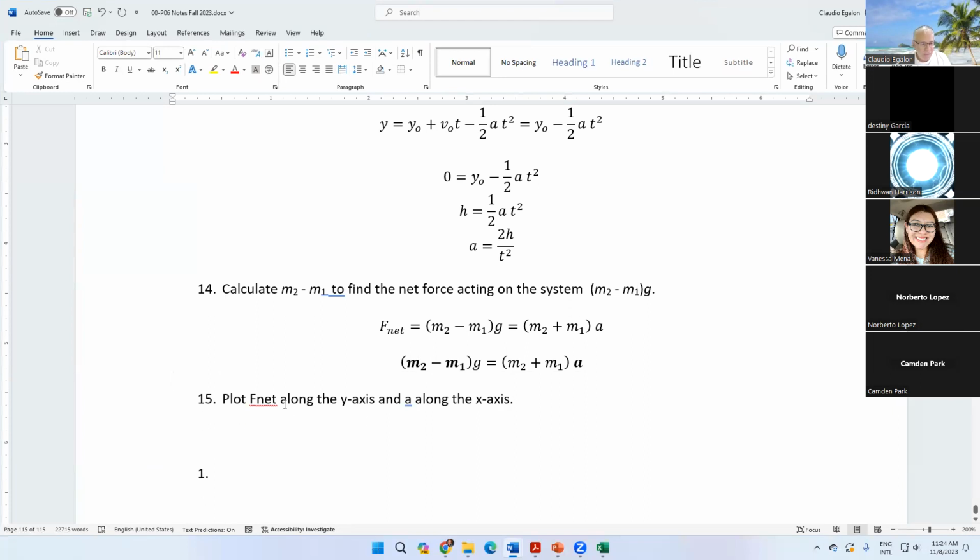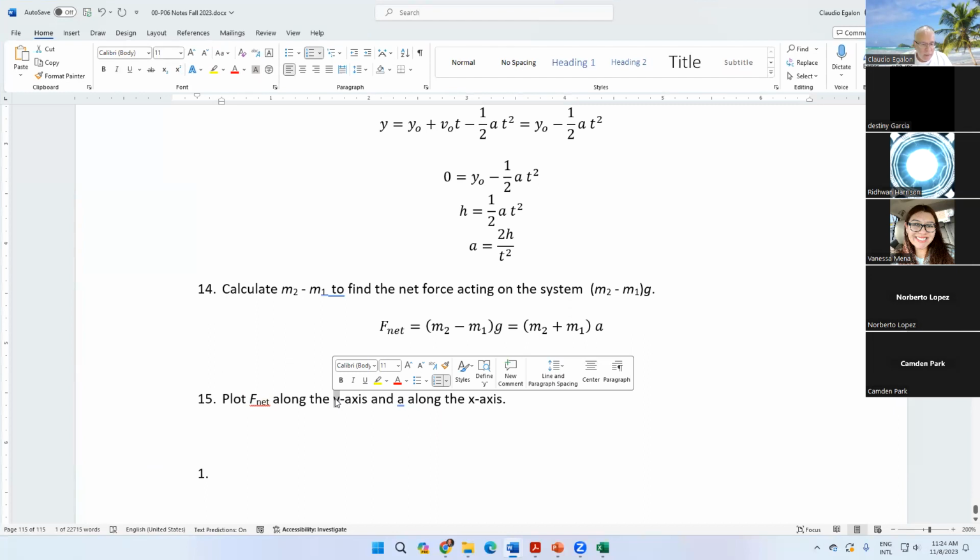Plot F net along the y-axis and A along the x-axis.